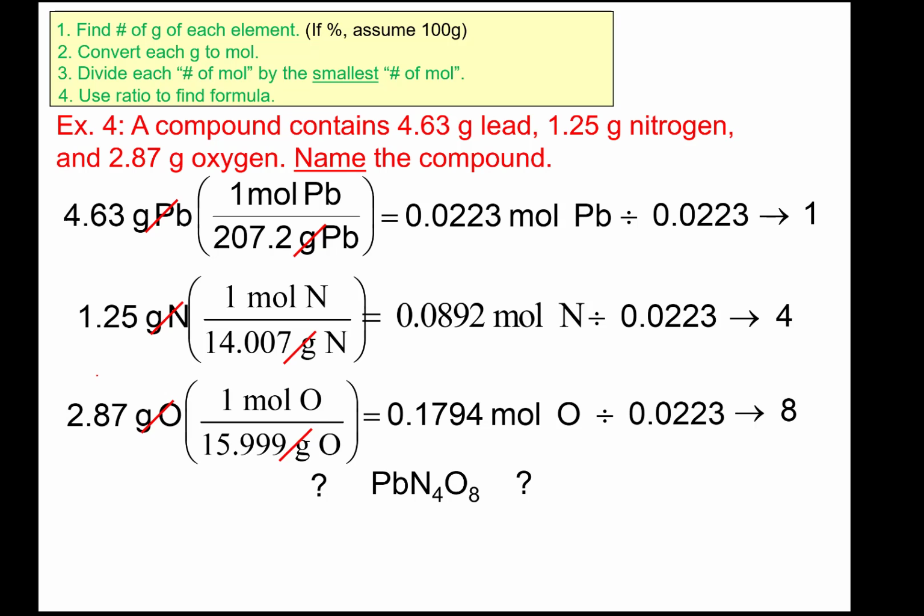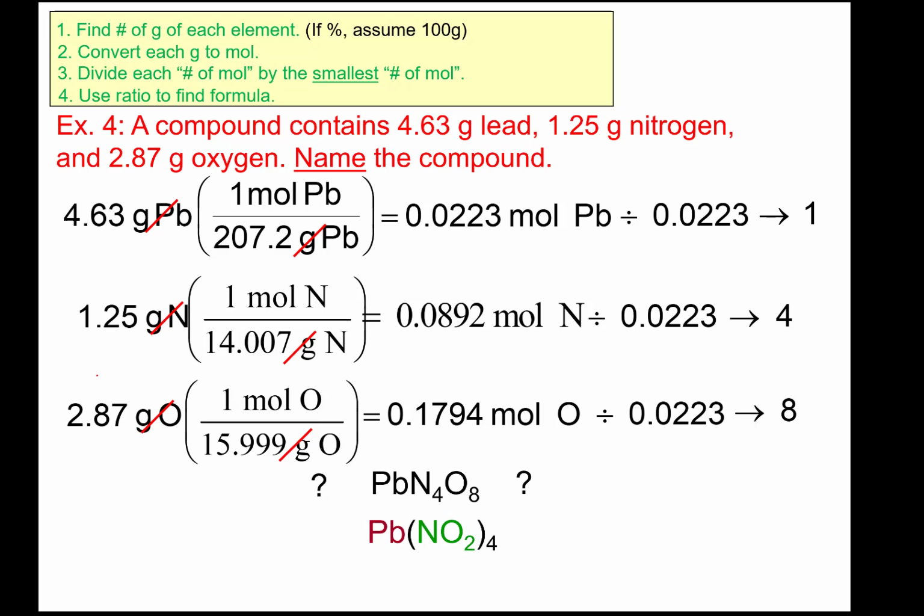Perhaps we could do NO2 and put that in parentheses with a 4 afterwards. And that NO2 then looks familiar. That looks like our nitrite polyatomic ion. So if you do that, you get this formula, which is now correct, and you should be able to name. Lead has multiple charges, so which charge does this one have?